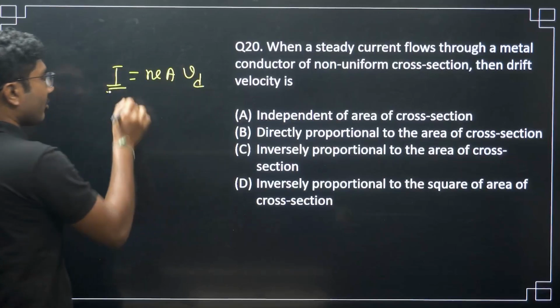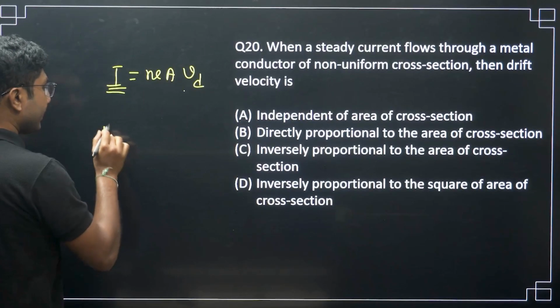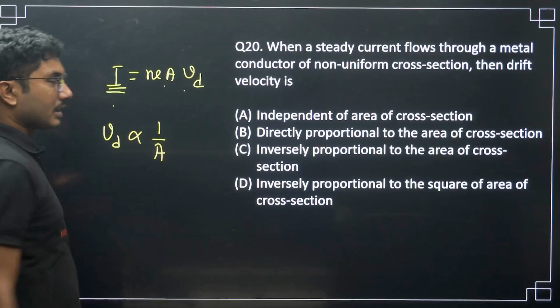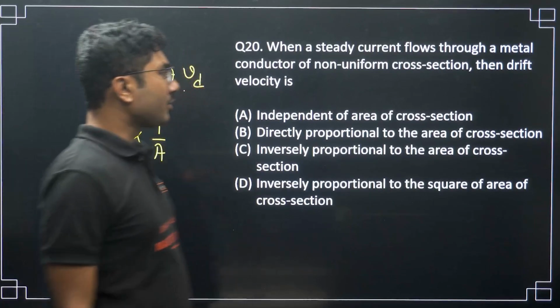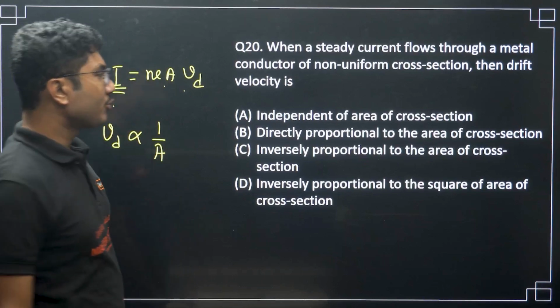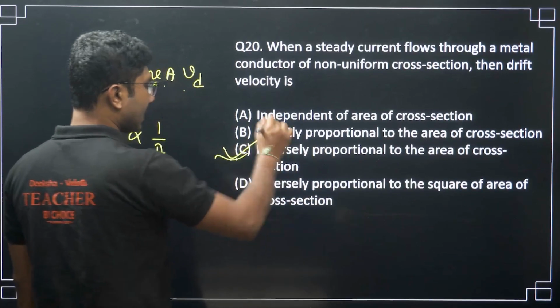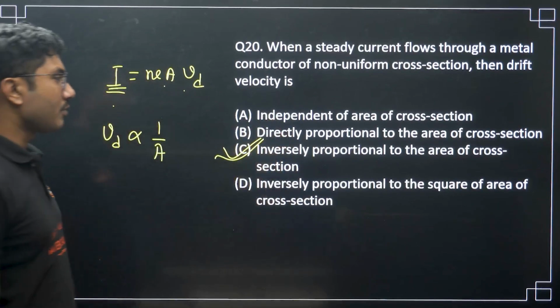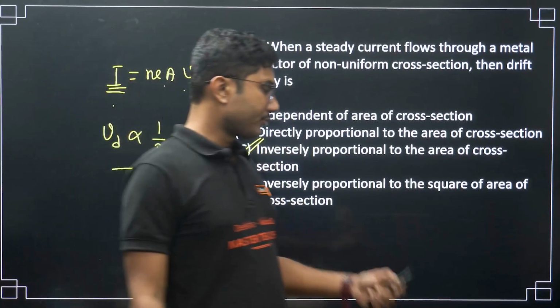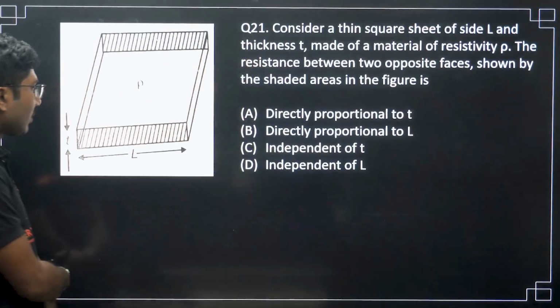Now I is constant, that means drift velocity is inversely proportional to the area of cross section. Yes, this is the correct option. Not inversely proportional to the square of the area, simply inversely proportional to the area. This is one more question.